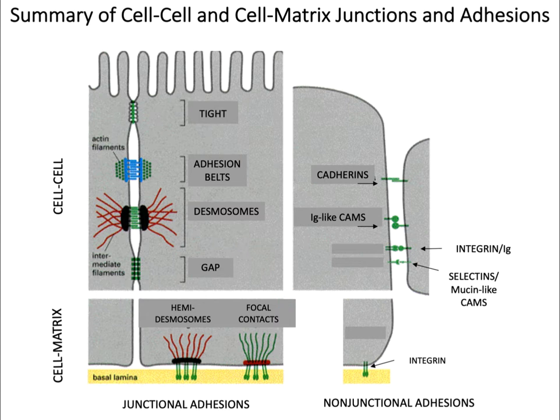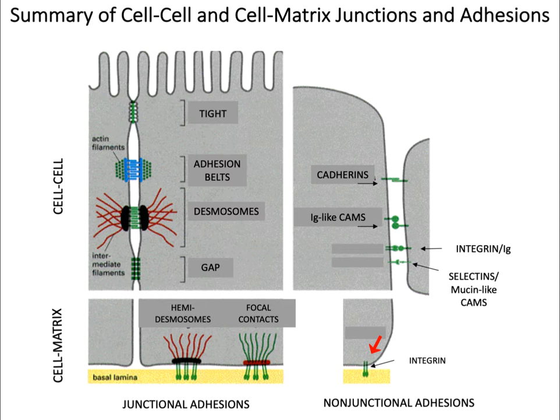In the case of hemidesmosomes, the cytoskeletal filament is the intermediate filament, and in the case of the focal contacts, the cytoskeletal filament is actin. And then on the right side of this image are some specific protein interactions that we looked at.